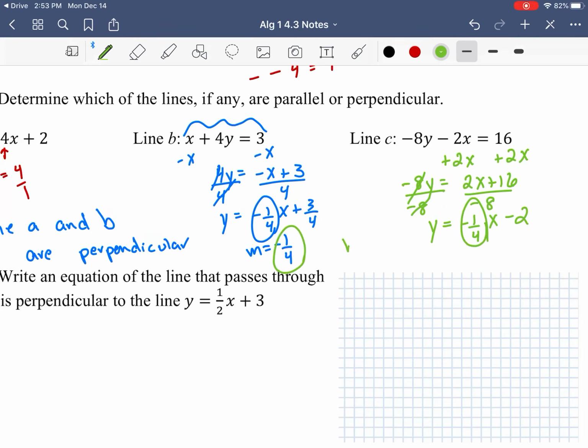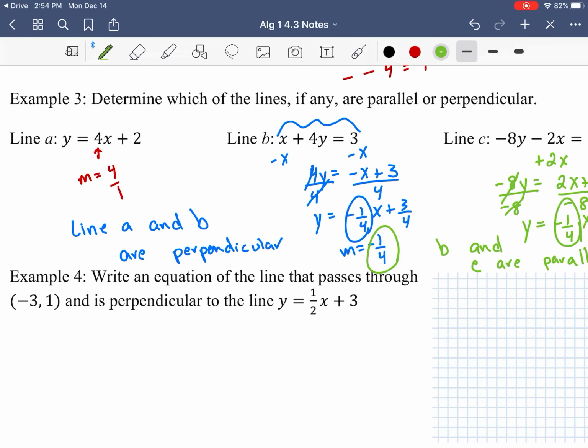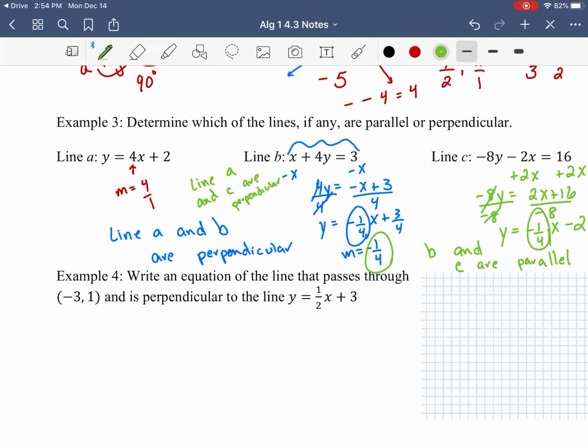So I know B and C are parallel, which then means that A and B are perpendicular and line A and C are also perpendicular. Okay.